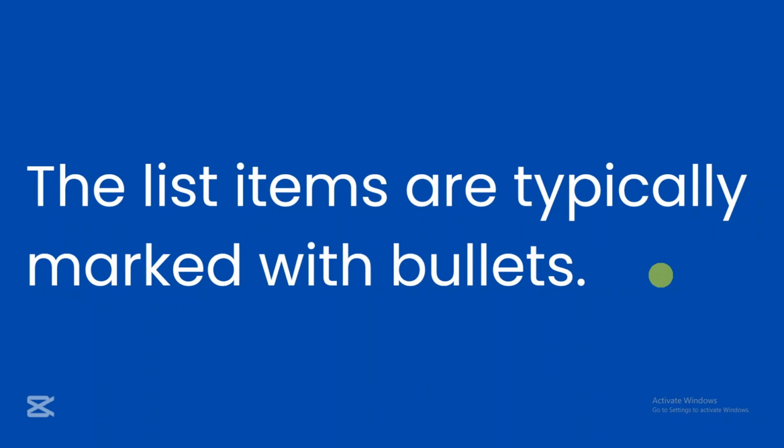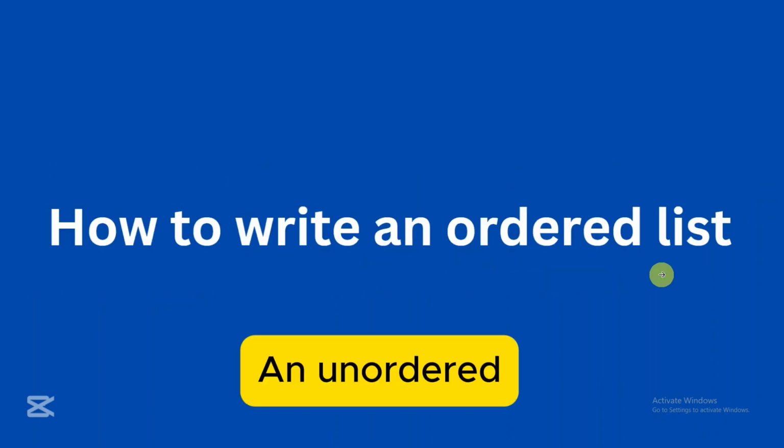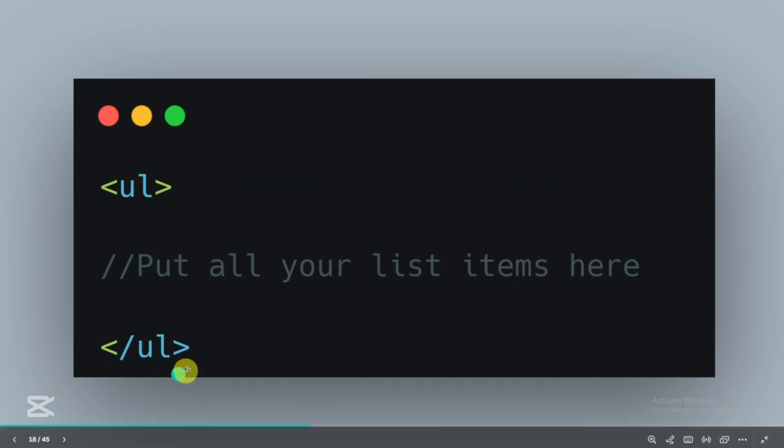Right, so next we'll look at how to write an unordered list. So when you want to write an unordered list in your HTML document, how do you go about it? First, you will need the UL element. This UL basically stands for unordered list, and so the first syntax that you need is an opening UL element and the closing UL element.